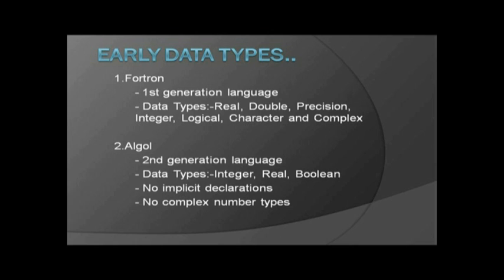ALGOL 60. ALGOL was a second generation language. There are 3 data types in ALGOL 60. These are integer, real, and boolean. Also, no implicit declaration and no complex number types.